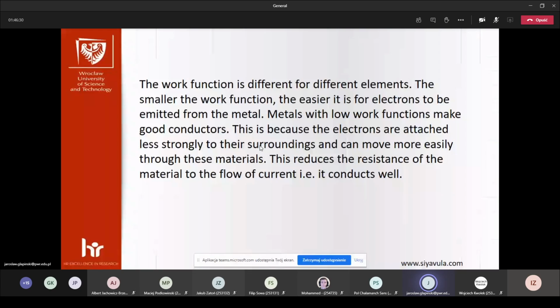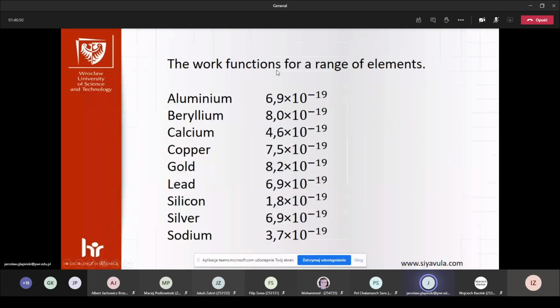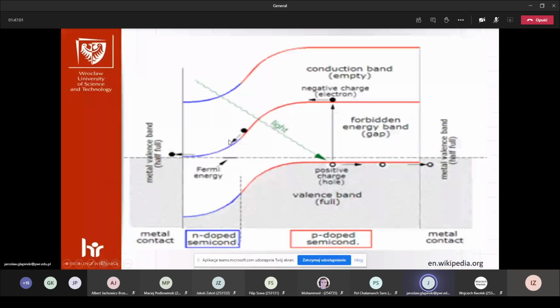The smaller the work function, the easier it is for electrons to be emitted from the metal. So we can produce elements which change their resistance due to the light falling on them.